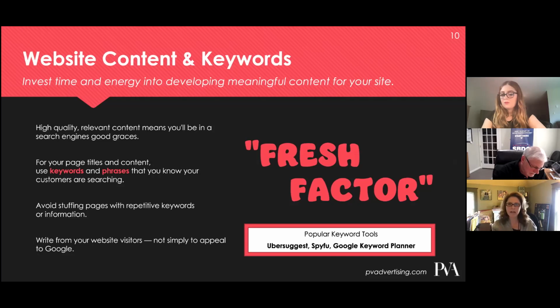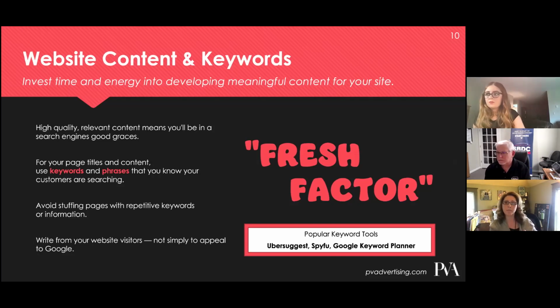Again, with content and keywords, trying to think of a good example here. Maybe if you're a bait shop and you specialize in freshwater fishing, you are going to load your page full of freshwater fish, the trout, the walleye, those types of things, and you might rank better than a site that also does freshwater fishing, but also does saltwater fishing.